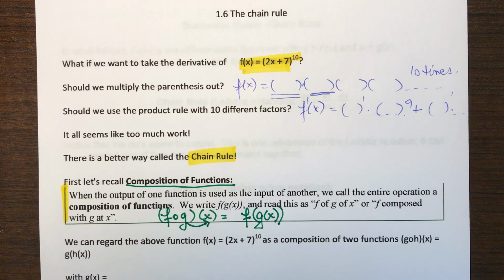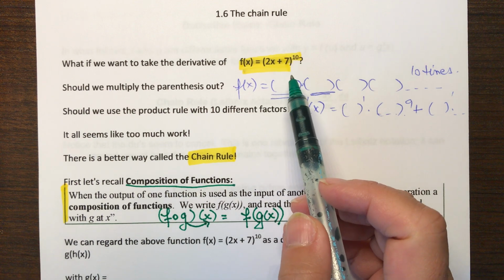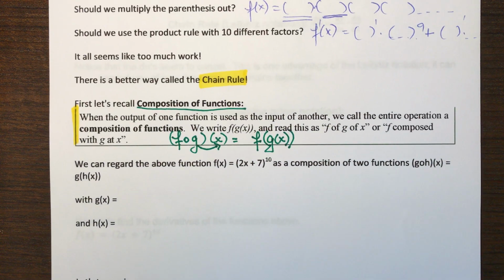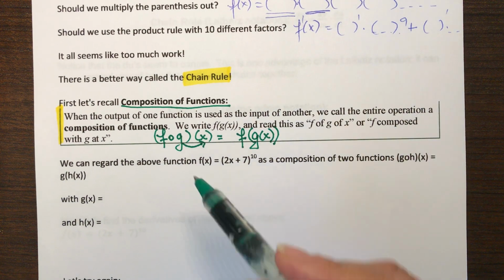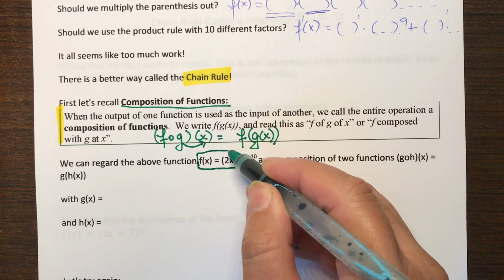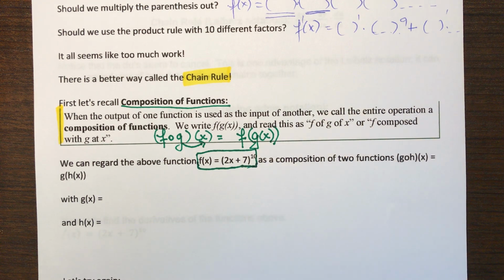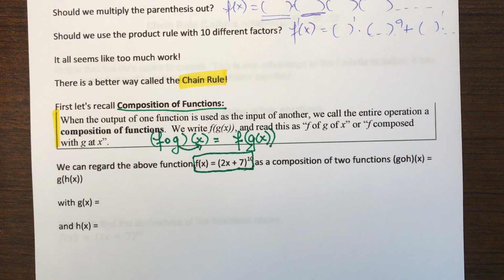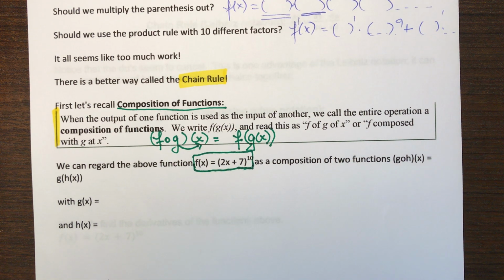Now, as you see, what could be a composition of two functions, like I wrote it, in fact, right here. If I'm looking back up here at this function f of x, which are the two functions composed in here? I don't want to call it f of g, so again, I need different functions.